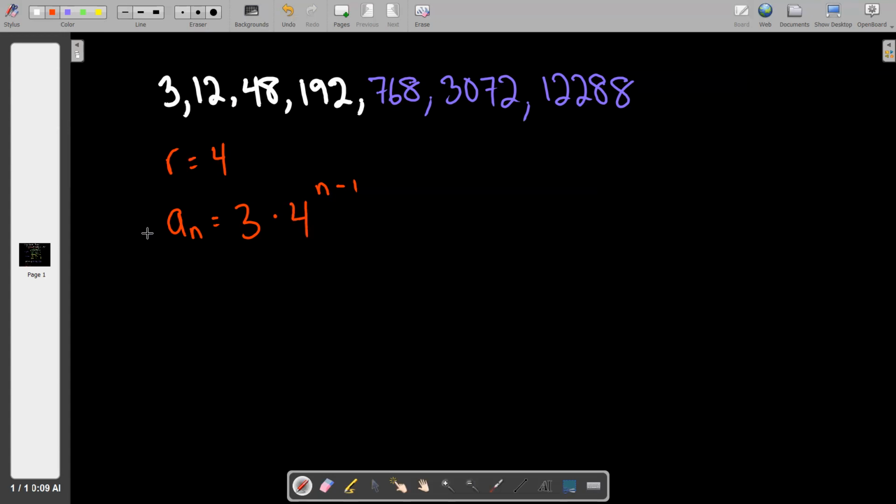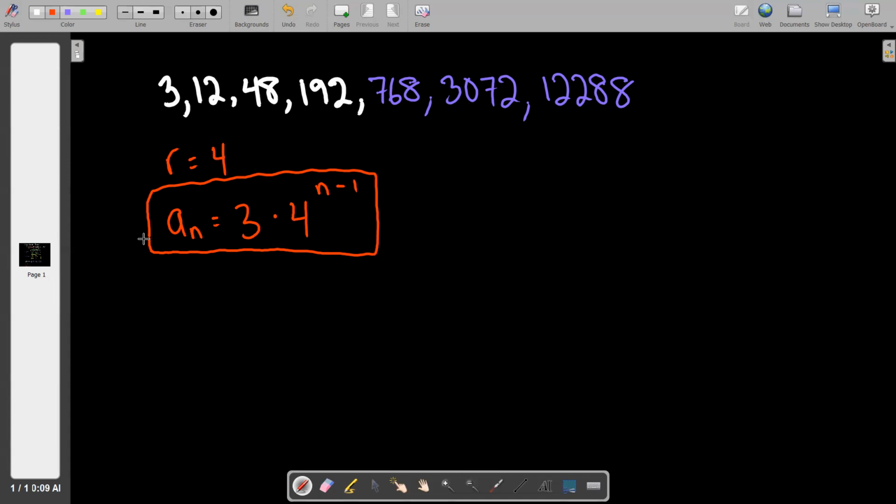So when I ask you to write an explicit formula, I'm asking you to write that. Does that make sense? Dallas, you good? Okay, good. That's it. So geometric explicit is super simple. It's the number you start with times the multiplier raised to the power of n minus 1.